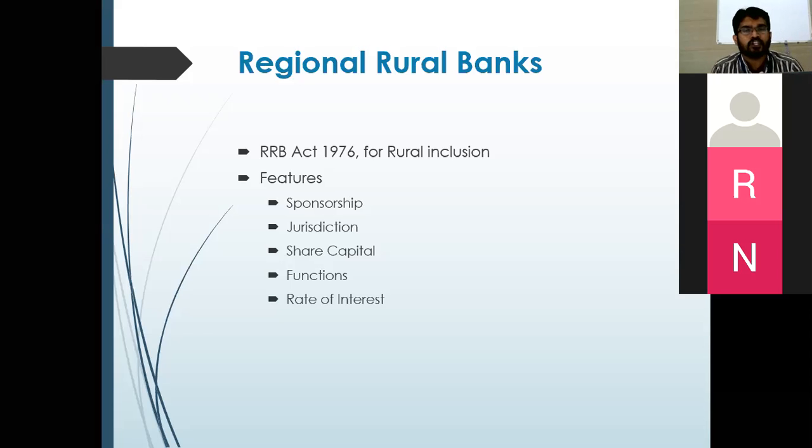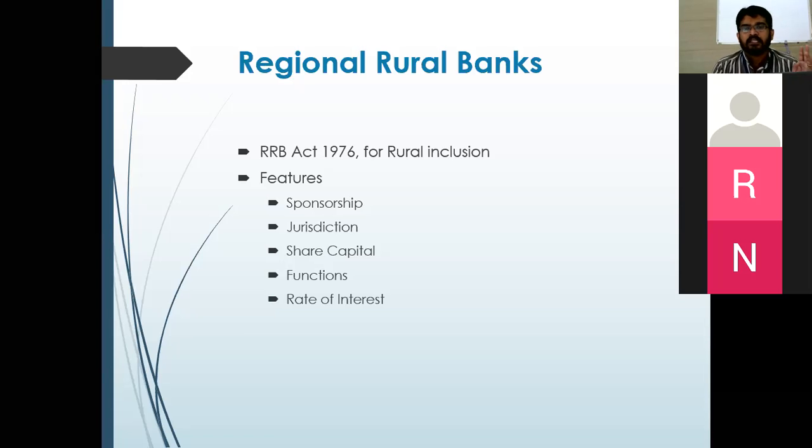So these are the main features of regional rural banks. Coming to sponsorship, as I said, they are sponsored by scheduled commercial banks. Jurisdiction is an area of, let's say, 50 to 60 kilometers, with a population of around 20,000 people. Then the share capital is 1 crore authorized capital and 25 lakhs of issued capital, shared amongst three parties: the central government with a 50% stake, the state government with 15%, and the sponsoring bank with 35%.